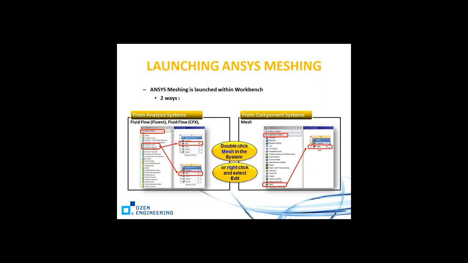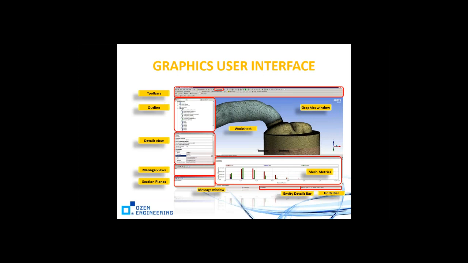You can say under component systems, I just want to go to mesh. If you double click on the mesh icon here, it will launch. It will say, well, first you need to give me a geometry, and then let's go ahead and mesh this. So those are the 2 different ways. And the graphical user interface looks like this. This is very similar to the ANSYS Mechanical application.